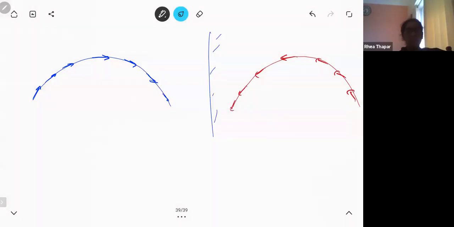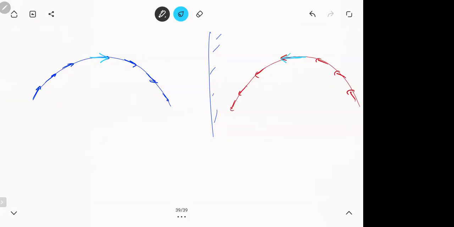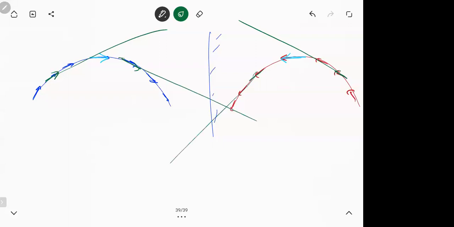H max. H max, na? This is the only position, see, when they're exactly opposite. If you look at any other point, for example, if you look at here, they're not opposite. The only time both will be opposite is at H max.